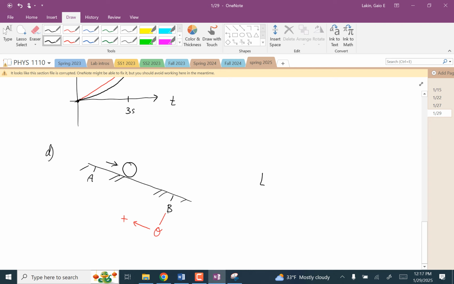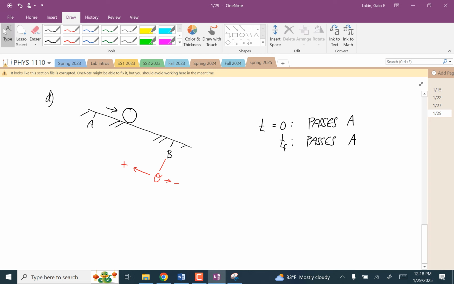I'm still going to choose my time equals 0 to be when it passes the point A. And my time final to be when it passes B, because those are still the instances where we know stuff and where we're looking for stuff. And now I'm going to list out what I know and want.